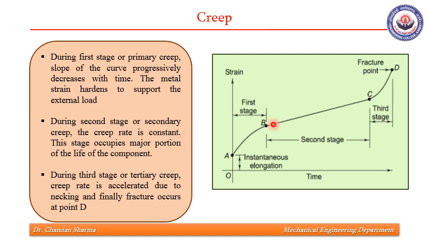In the second stage or secondary creep, the creep rate is almost constant. This stage occupies a major portion of the life of the component. During the third stage or tertiary creep, creep rate is accelerated due to necking, and finally fracture occurs at point D. So most of the materials exhibit this type of behavior when they are subjected to constant stress over a long period of time.